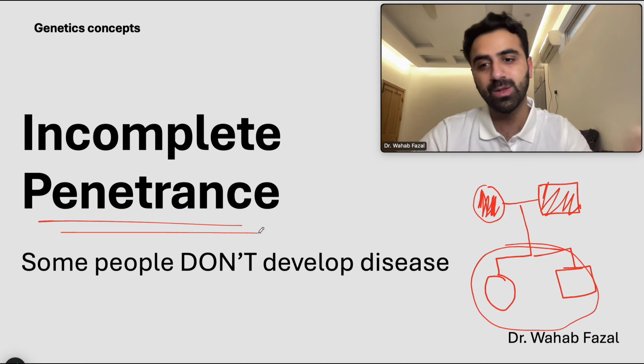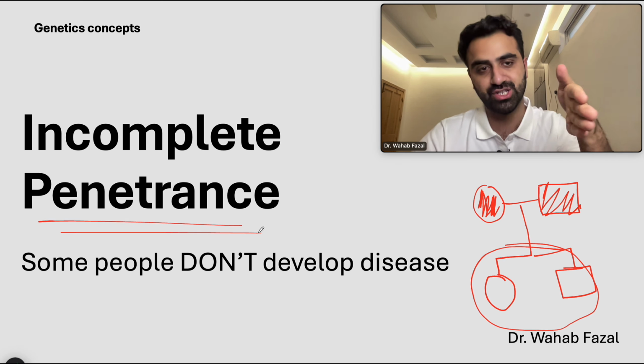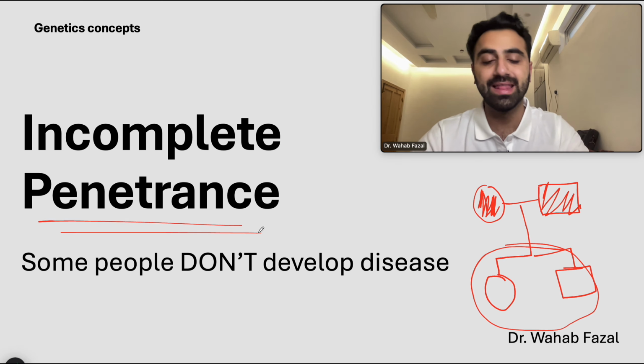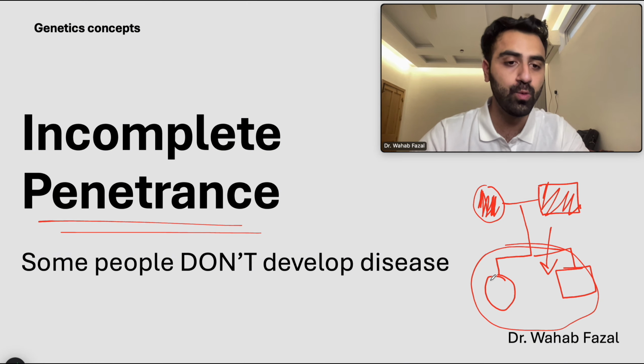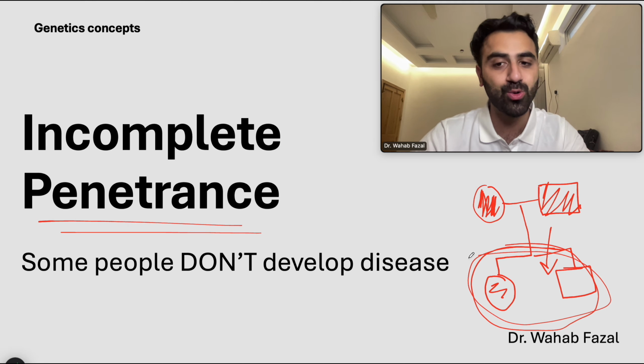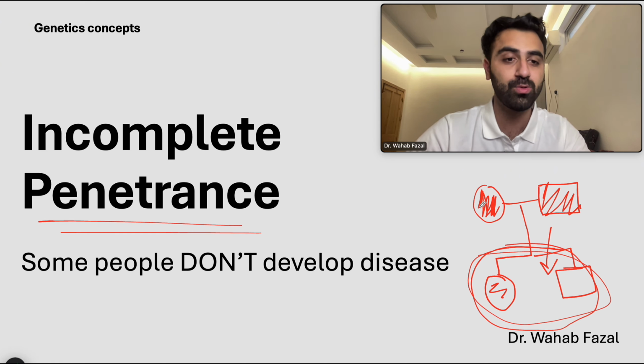What does penetrance mean? The word penetrance means whether something passed through, whether something went through. And that just means even though it went through, the disease itself did not pass through. These people's kids don't have the disease. This is the concept of incomplete or complete penetrance. Complete penetrance would be that these people have the disease and then all of their kids have the disease because they have the genetic problem.